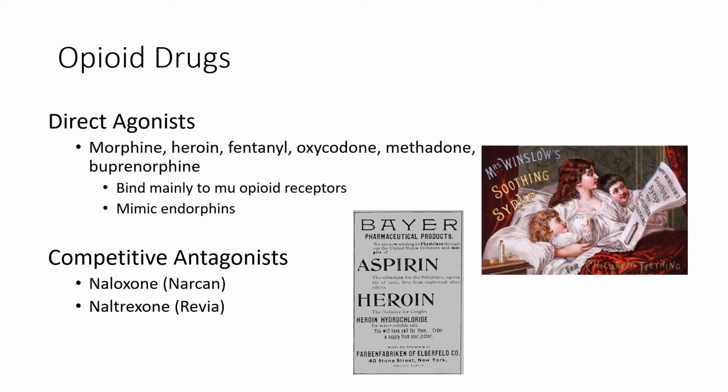Narcan basically blocks the mu opioid receptors, so even if you've got these direct agonists in your system, the Narcan blocks it, and the morphine, the heroin, all of those cannot bind to the mu opioid receptors. As a result, you don't get the overdose because the Narcan blocks them.